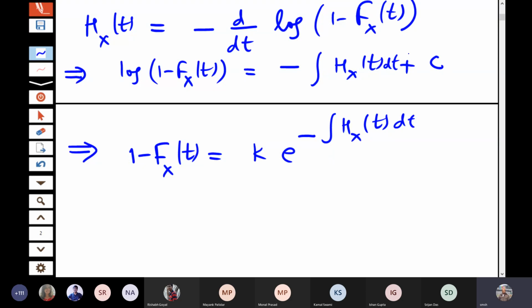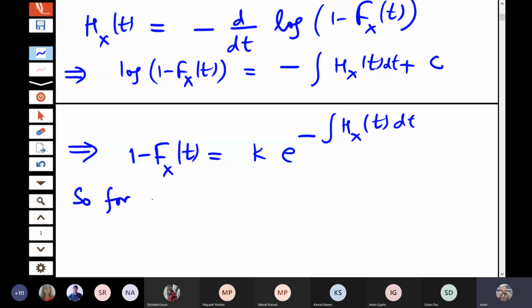So this is giving a relationship. This is the reverse relationship. Given the failure rate function, we can determine the CDF and therefore the PDF. And given the density or the CDF, we can determine the failure rate.